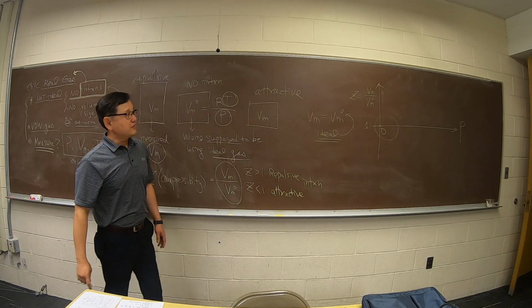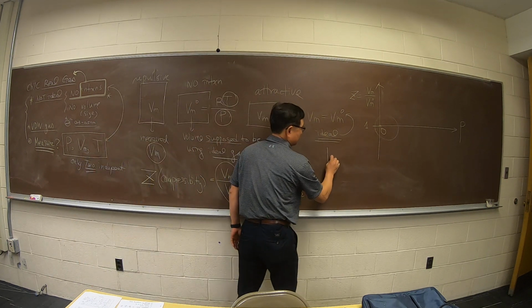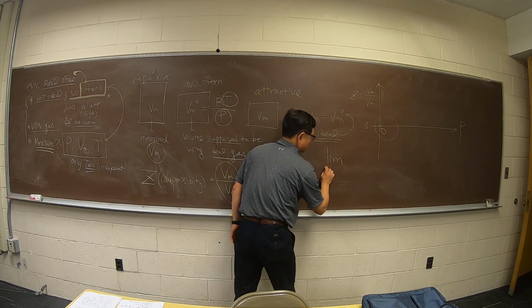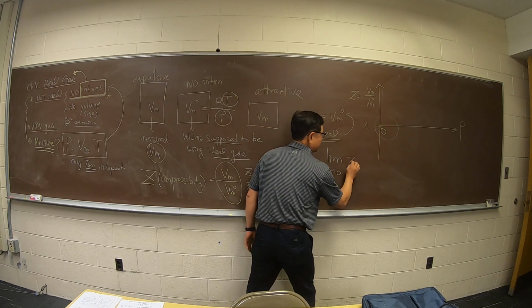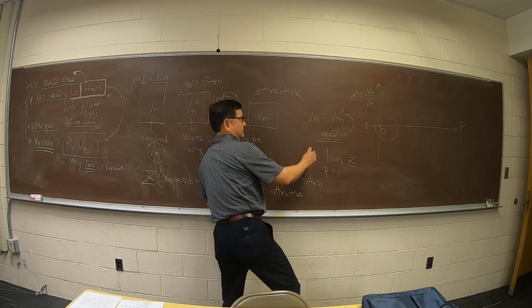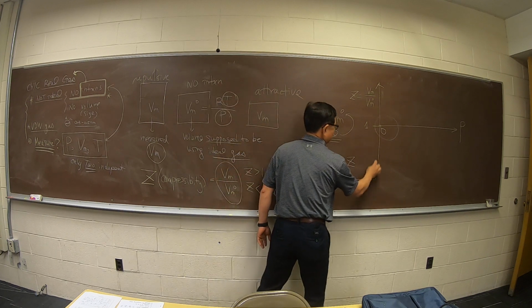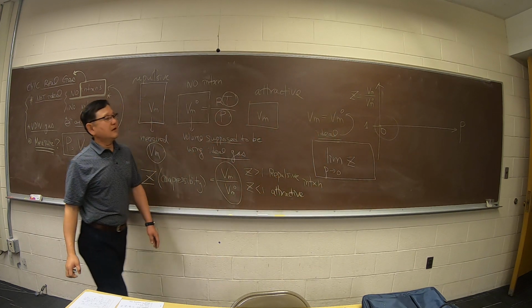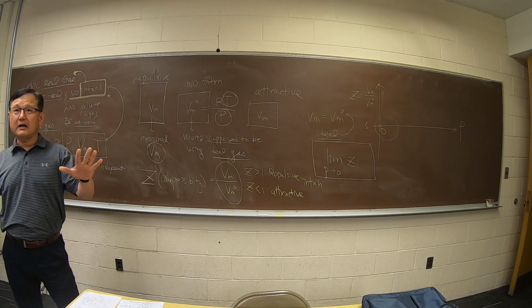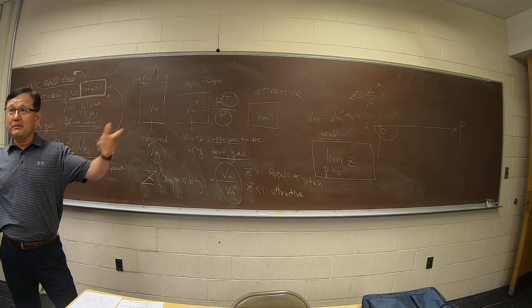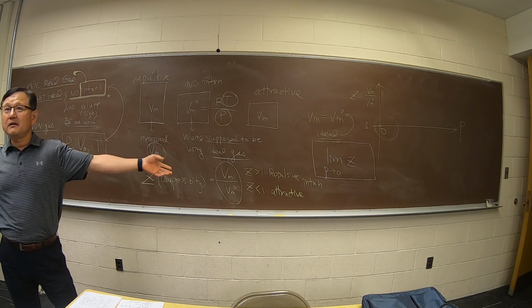In the limit of pressure goes to 0, what do you think about Z? This is a one state. When you bring the pressure down and down and down, your mean free path gets longer and longer.